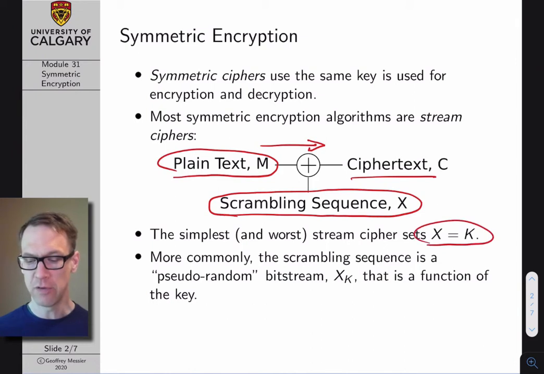The simplest possible stream cipher just basically takes the key and exclusive ORs the key with the plain text message. So the scrambling sequence X is just set equal to the key. This is also the worst form of symmetric cipher because it's ridiculously easy to guess the key.